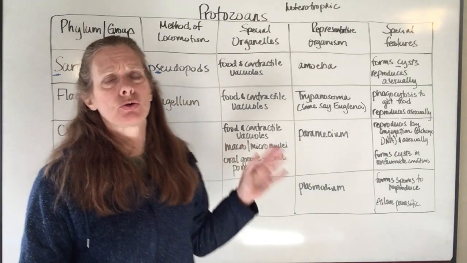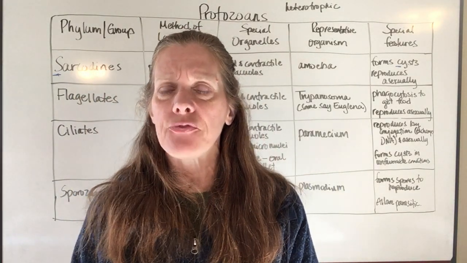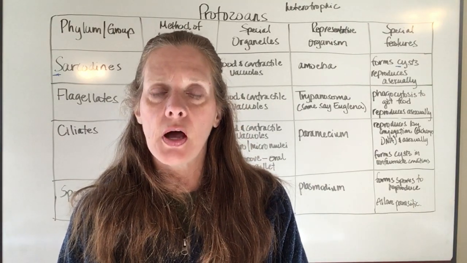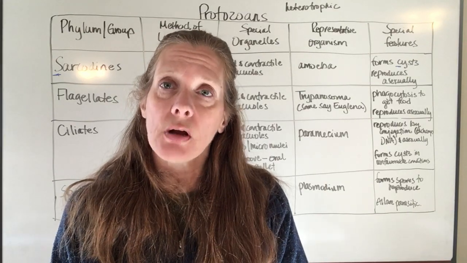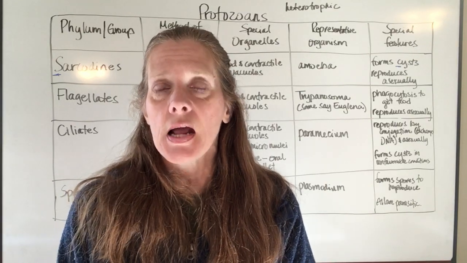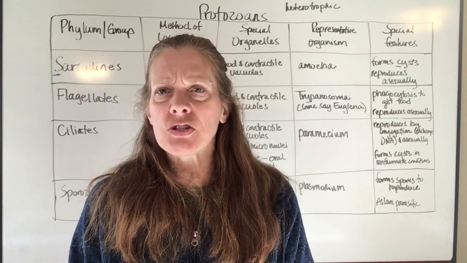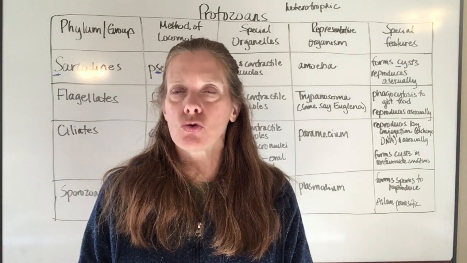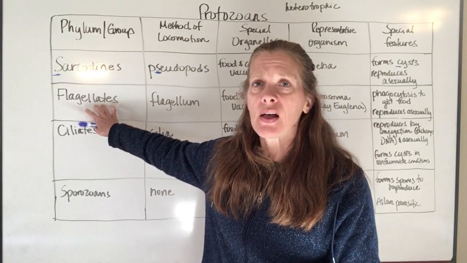The other thing that's true about Euglena, and I don't think your book mentioned this, is that if a Euglena gets caught in an environment that doesn't have very much light in it, a Euglena can actually lose its ability to photosynthesize, and then they spend the rest of their lives completely heterotrophic. And so I think that's probably the reason that I tend to lean toward putting Euglena in with the flagellates.